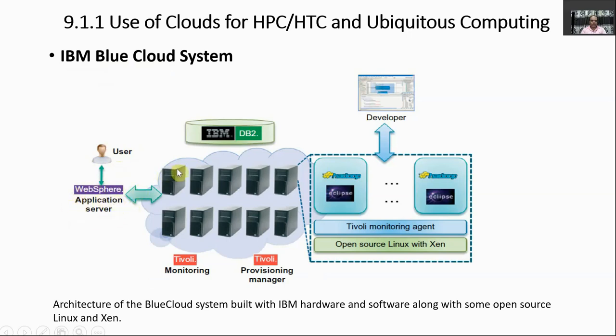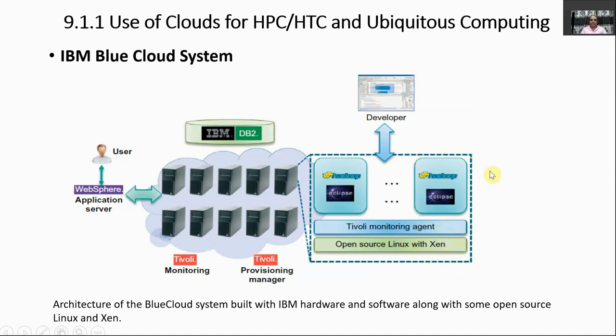The application server uses physical servers which are virtualized by using the Xen virtualization layer, the Xen hypervisor. As you already know, in previous units we have seen what Xen is. Xen is a hypervisor basically.